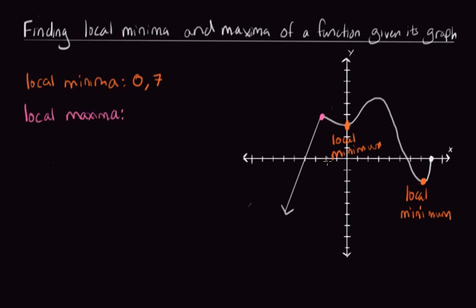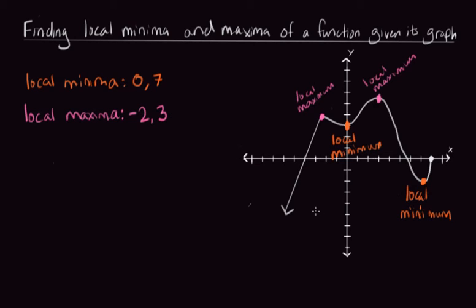It's still a local maximum. And then there's another one right here. So there's a local maximum happening at x equals -2 and at x equals 3.